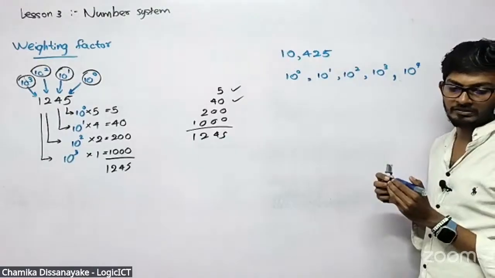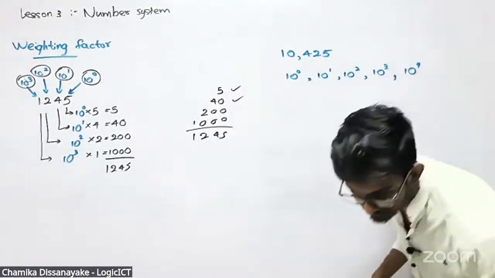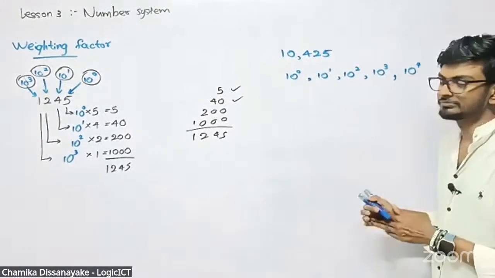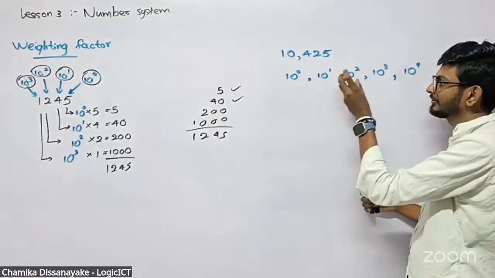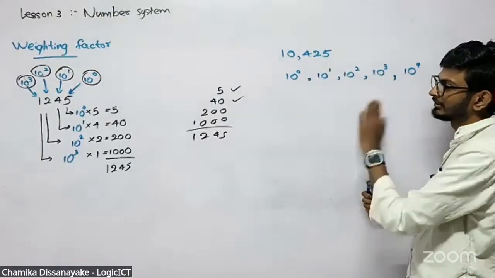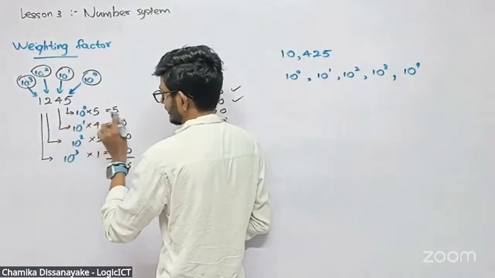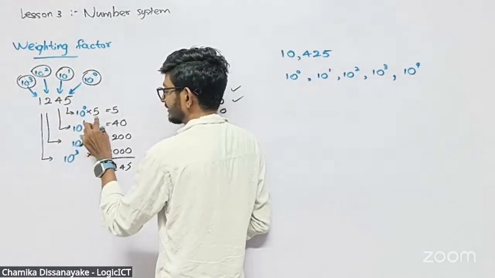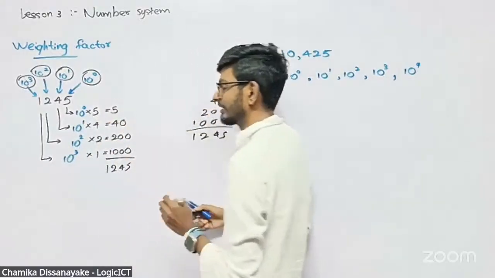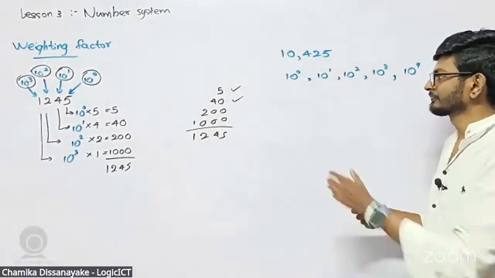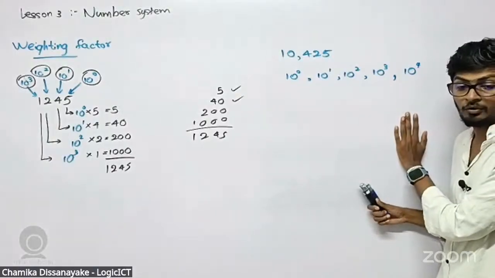Those are the weighting factors. Yes, good. 10 to the power 0, 1, 2, 3, 4. This whole thing with this 5 is not the weighting factor. Only this power number is called the weighting factor.